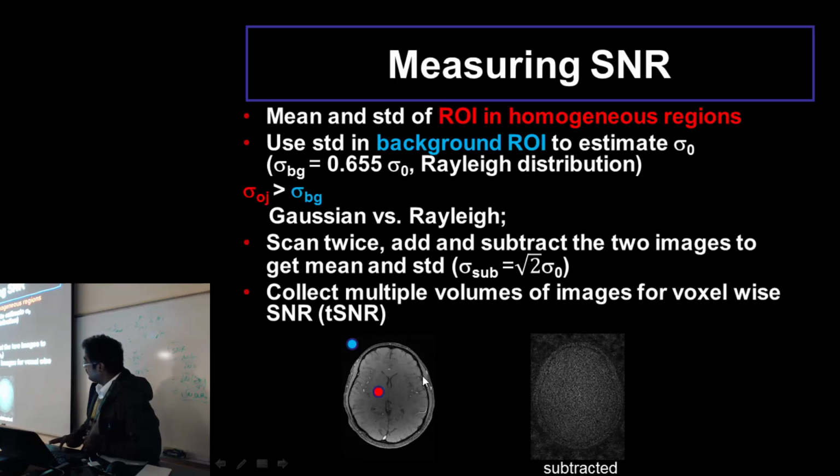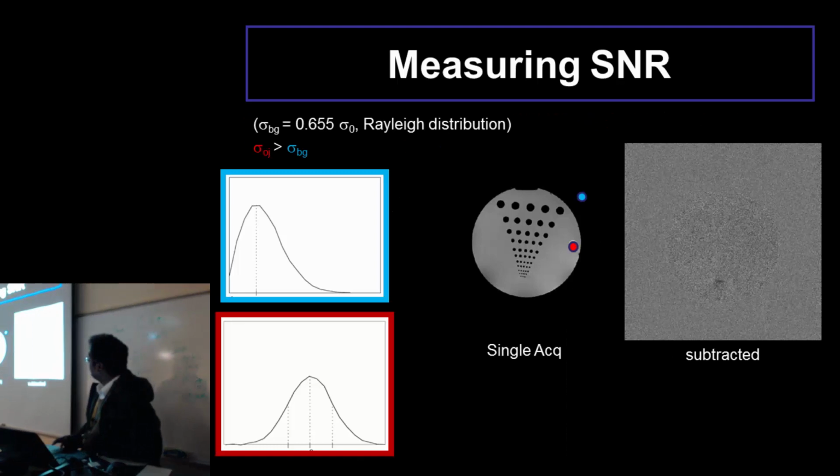That's because this is acquired using a phased array coil, and when you do the coil combination based on an adaptive algorithm, not sum of squares, which is what is typically used on the consoles today, the noise variance in the background region is not particularly Rayleigh, and there is some noise correlation spatially.